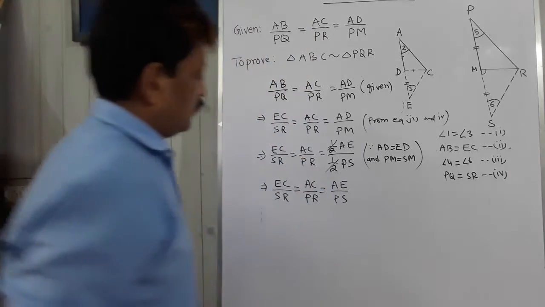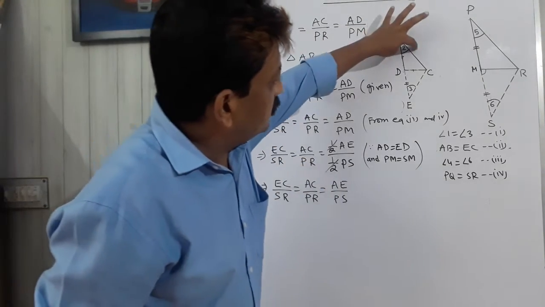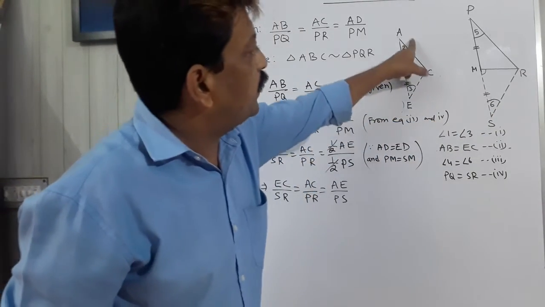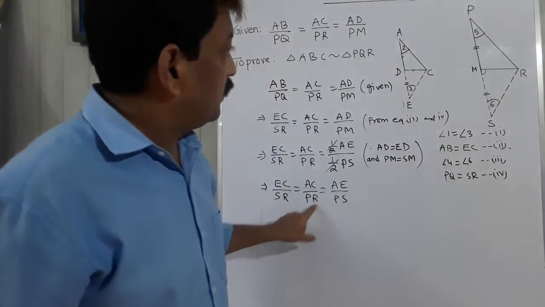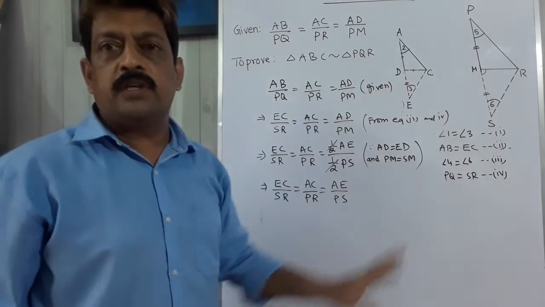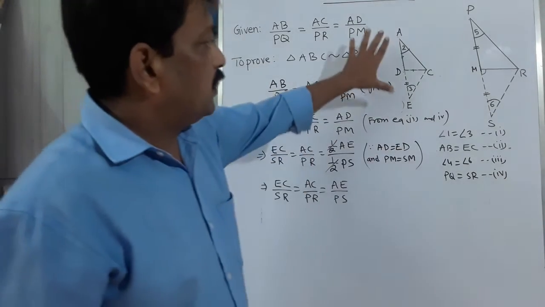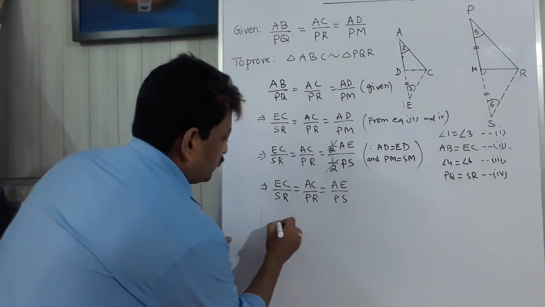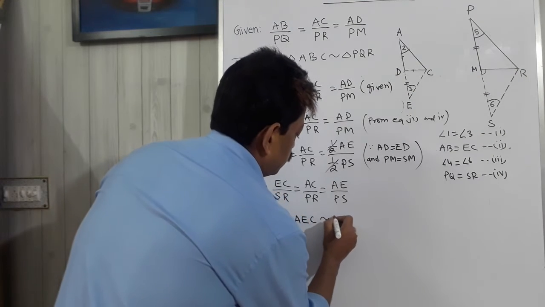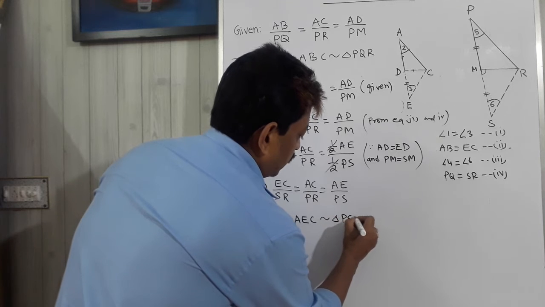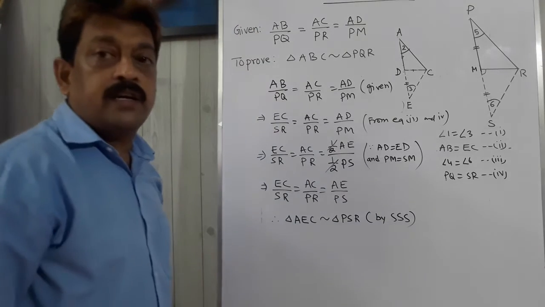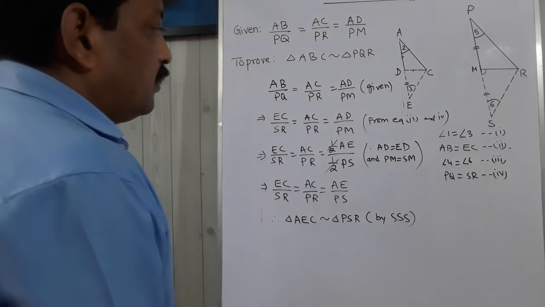Now see the figure. EC upon SR is equals to AC upon PR equals to AE upon PS. Means all the three sides of both the triangles are proportional. Therefore we can write triangle AEC is similar to triangle PSR by SSS, side similarity criteria.